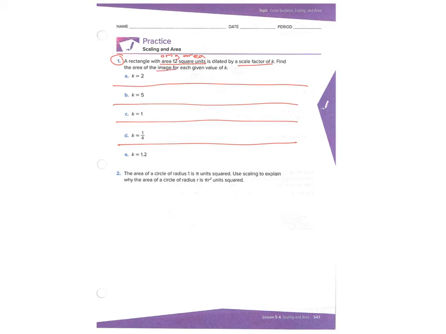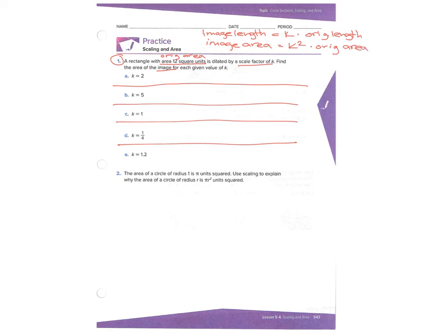So remember, my image length, width, perimeter, anything that has to do with distance is equal to K times the original length, width, or perimeter. However, my image area is equal to K squared times the original area.